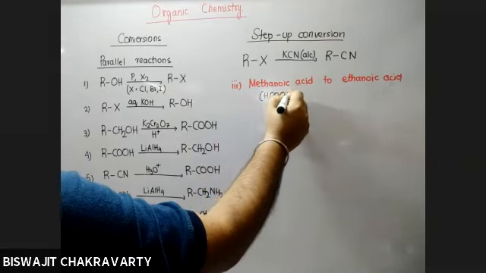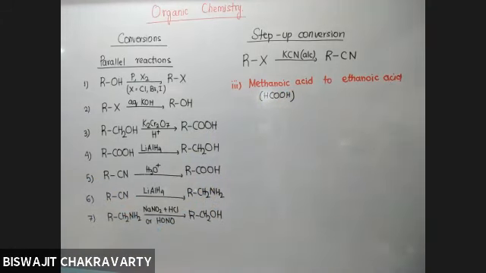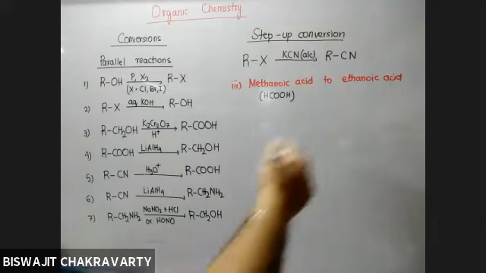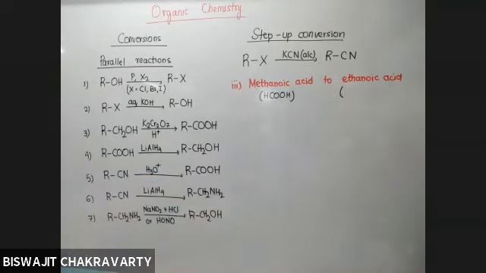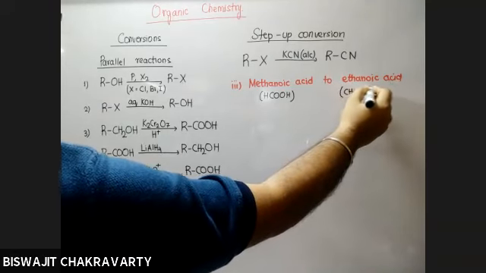Remember that, don't get confused. Overall there is 1 carbon, and because the carbon is part of the functional group, that should also be counted. And the formula for ethanoic acid is CH3COOH. So this is also step up or not?